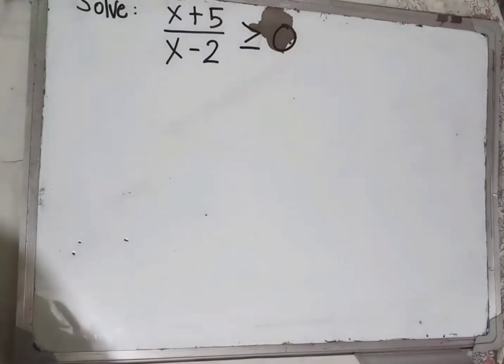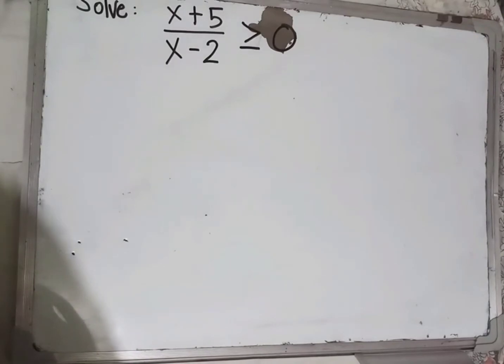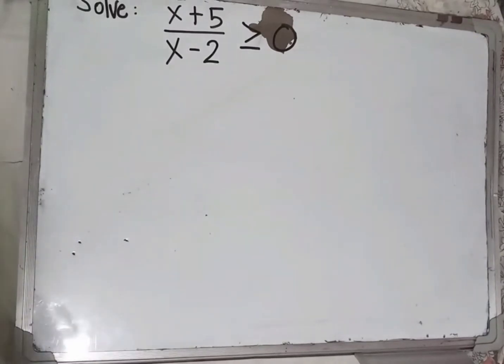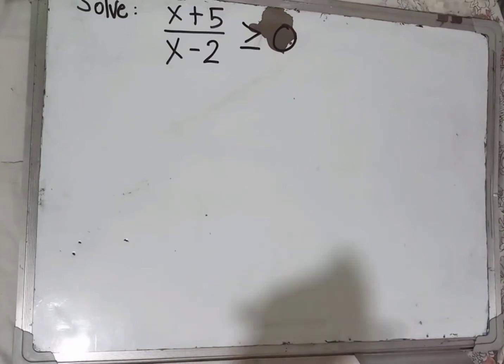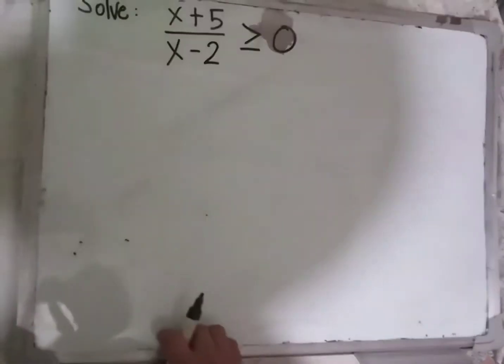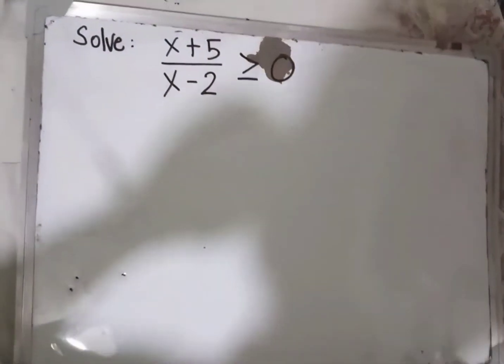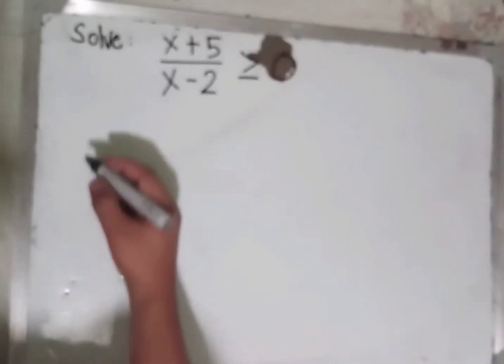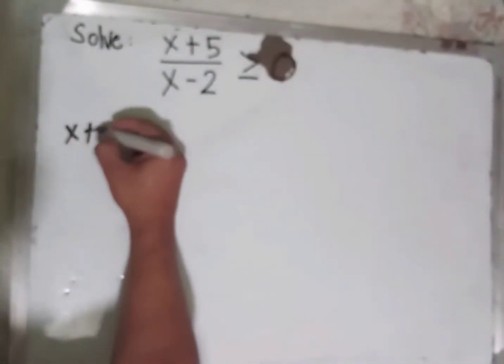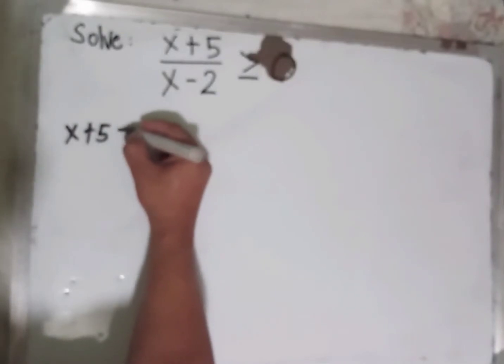Step number 2, you need to get the meaningful numbers by setting the numerator and denominator equal to 0. Ano ba yung meaningful numbers? Meaningful numbers are numbers that make the numerator and denominator equal to 0. So, hanapin natin yung meaningful numbers based on the given inequality. So, given inequality is x plus 5. Equate natin sa 0 yung numerator.